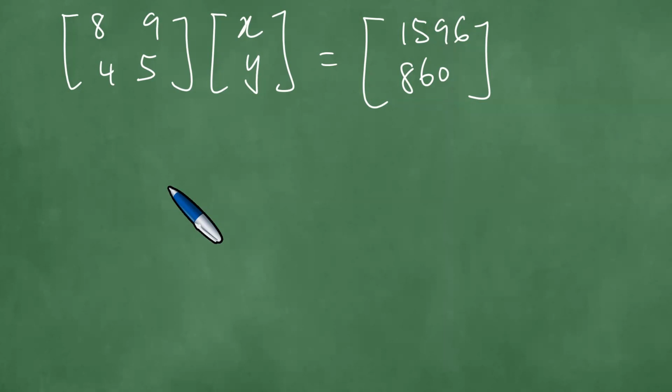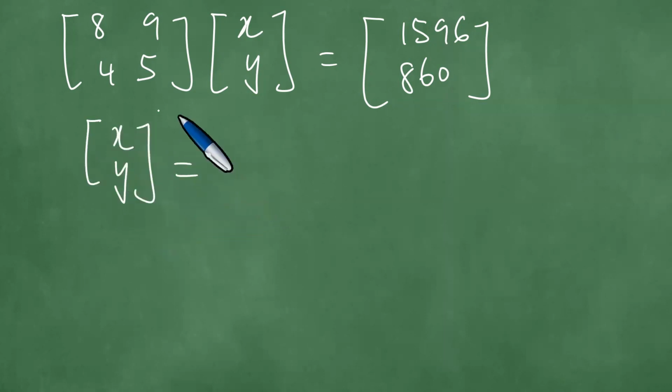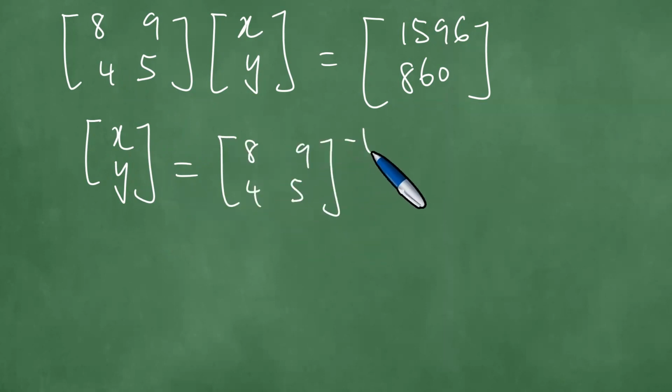So the answer to this is actually as follows. To solve this, we solve it like a basic linear equation. So because of the matrix here on the left, we move it to the right and we multiply both sides by the matrix inverse of the coefficient matrix. But because it's on the left, it's going to also be on the left of the right-hand side.